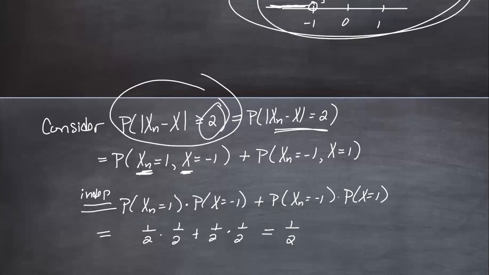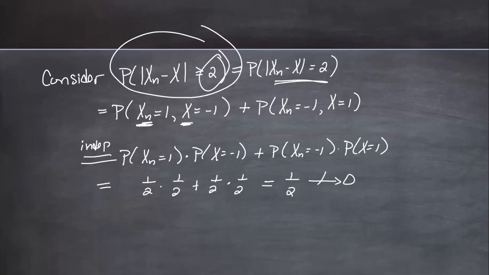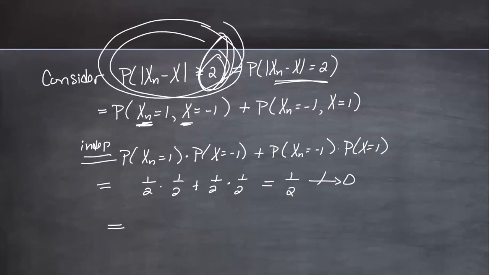And this is not going to 0. It's not going anywhere. So we have exhibited an epsilon where we do not get this limit to go to 0. And this means that we do not have, in this case, convergence in probability to X. So there is our counterexample.